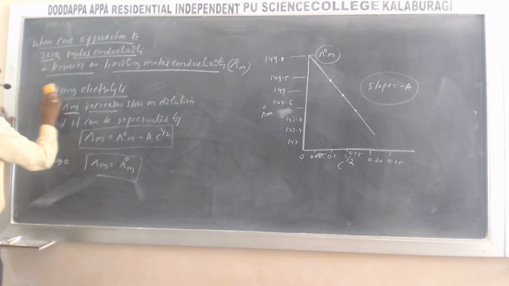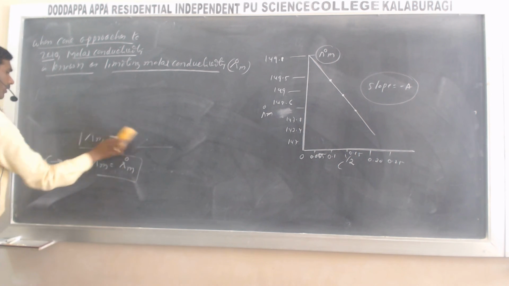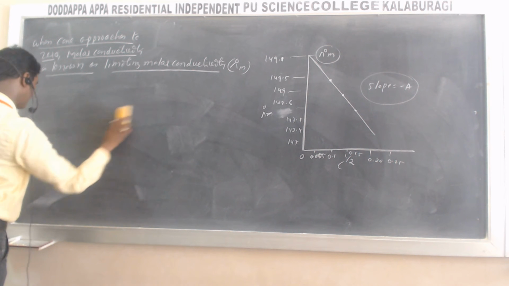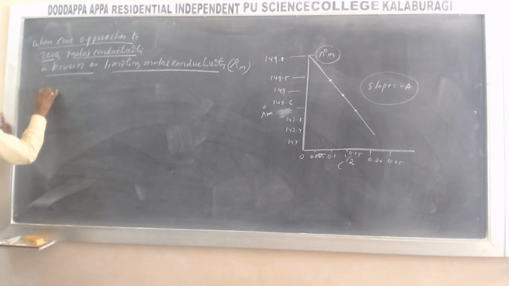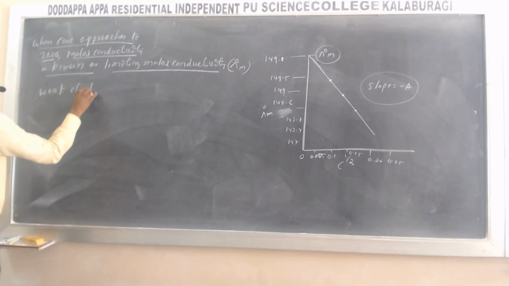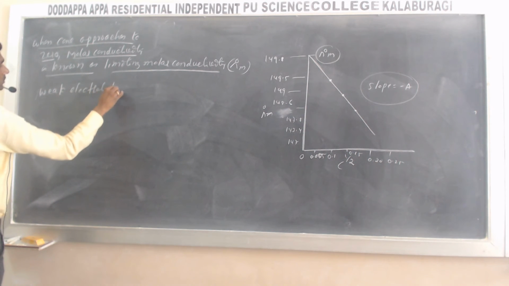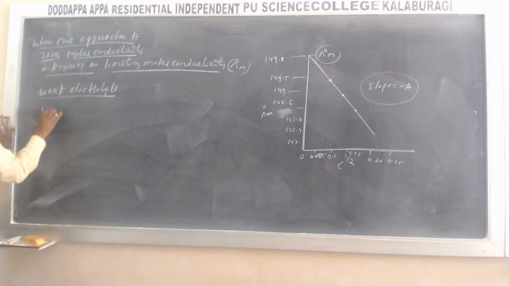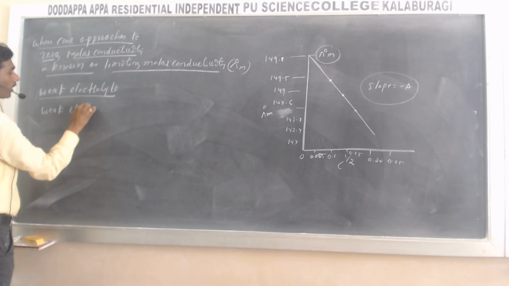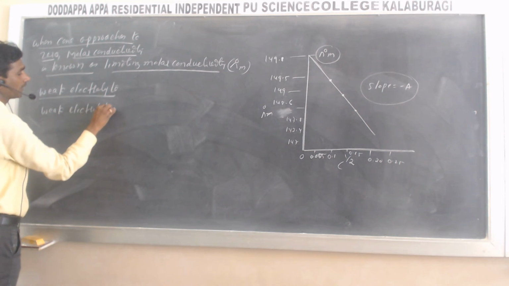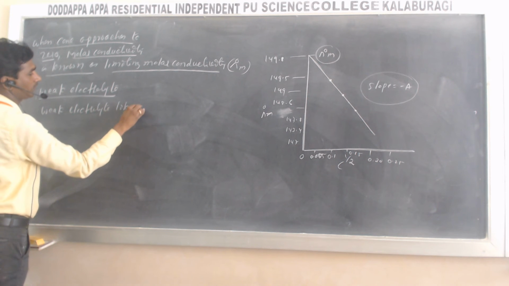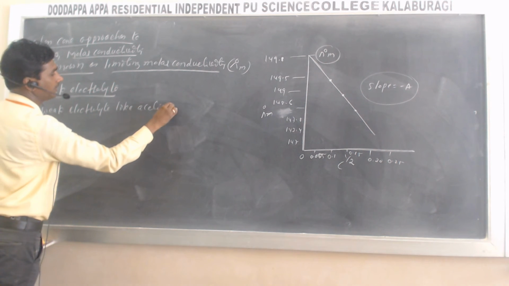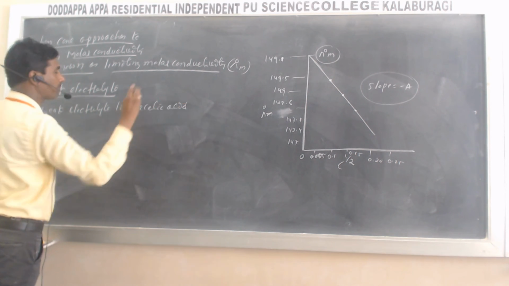Next is weak electrolyte. Strong electrolyte is over. Weak electrolytes ionize partially, like acetic acid. Why? Acetic acid ionizes partially.